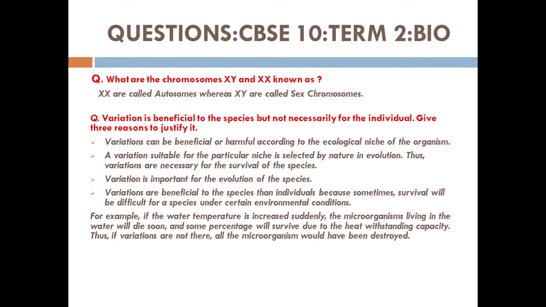If the water temperature is increased suddenly, the microorganisms living in the water will die soon, and some percentage will survive due to heat withstanding capacity. Thus, if variations were not there, all the microorganisms would have been destroyed. So, from this example, we could conclude that variations are necessary to species but not necessarily for the individuals.